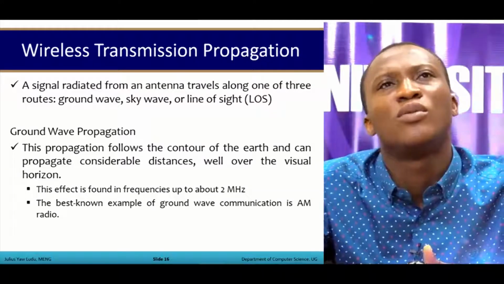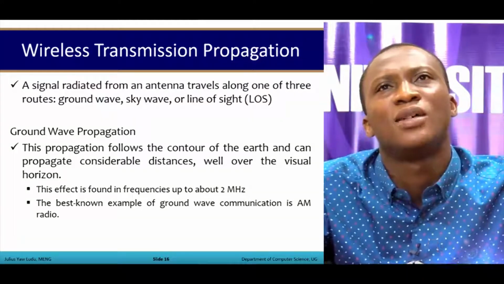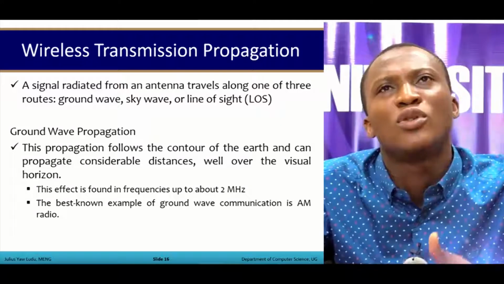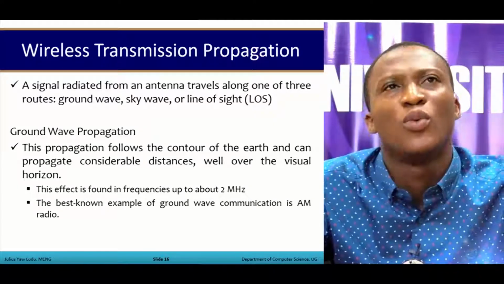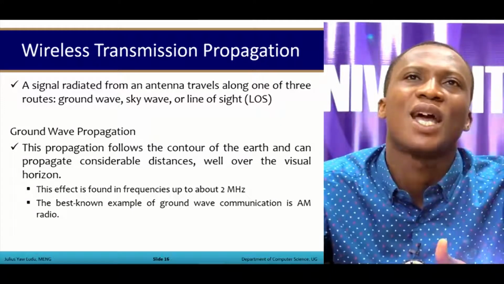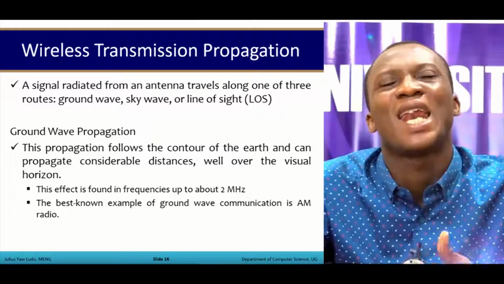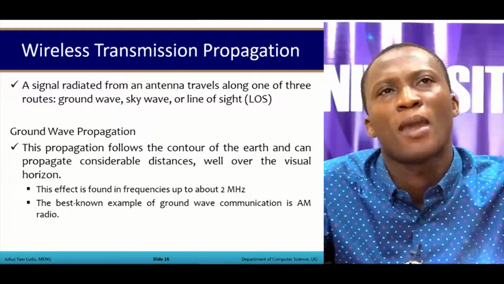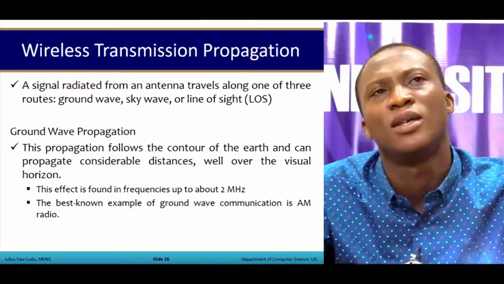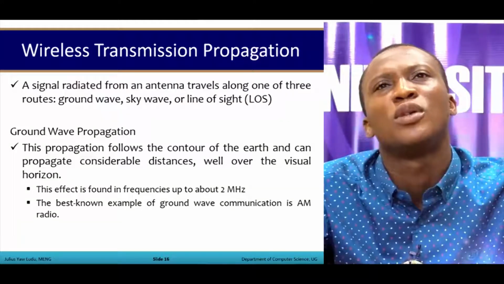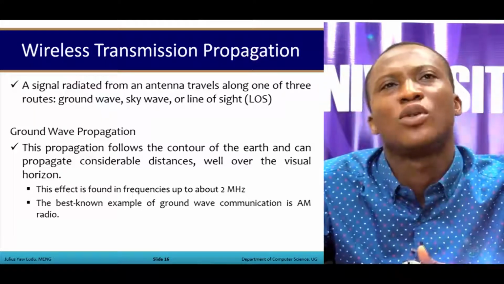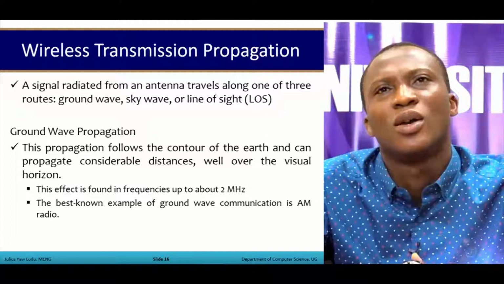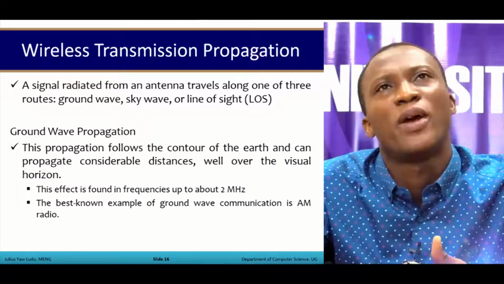Now, a signal radiated from an antenna travels along one of 3 routes. We have the ground wave, we have the sky wave, then we have the line of sight. With ground wave propagation, the signal follows the contour of the earth and can propagate a considerable distance well over the visual horizon.